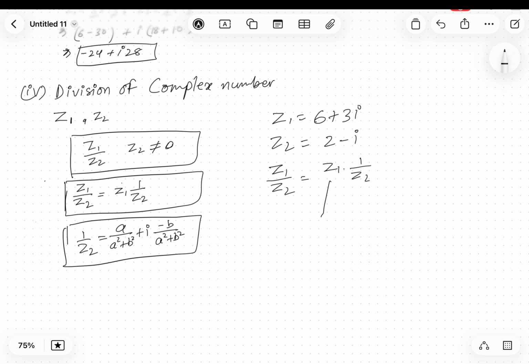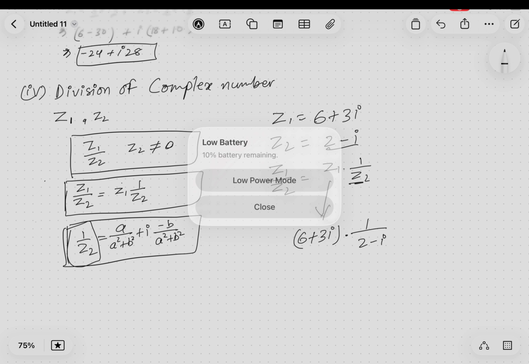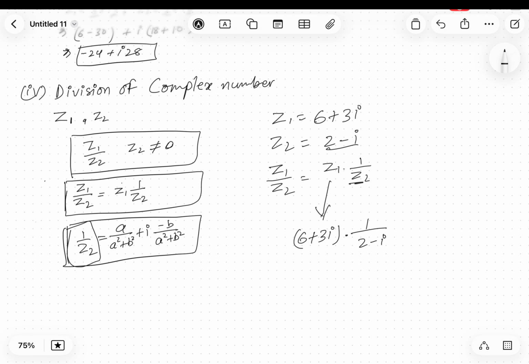So z1, I will write 6 plus 3i, right? And into 1 by z2, which is 2 minus i, right?